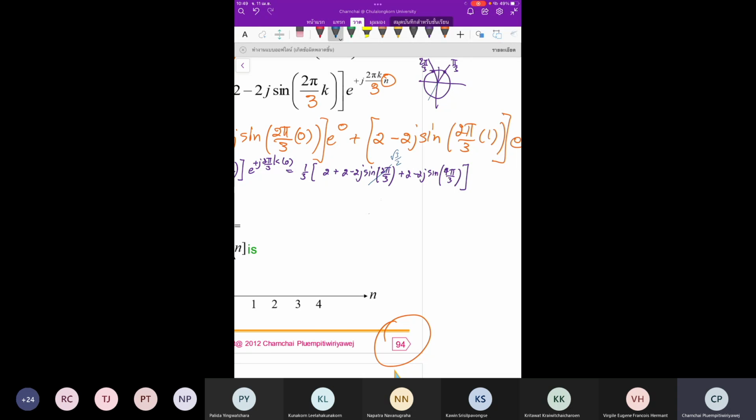And 4 pi over 3 would be here. Sine of 4 pi over 3 is negative square root 3 over 2. So these two terms cancel. We got 2 plus 2 is 6. 6 divided by 3 is equal to 2.